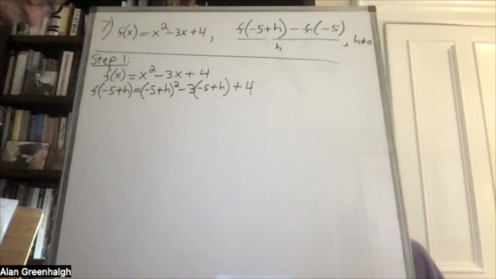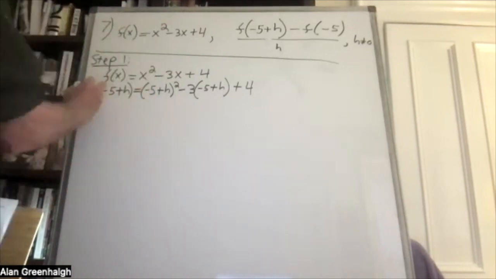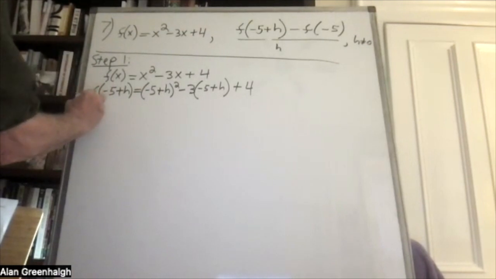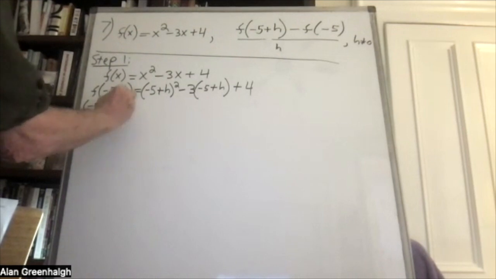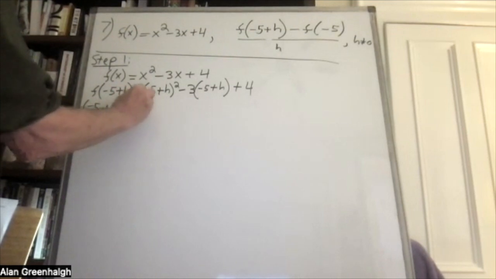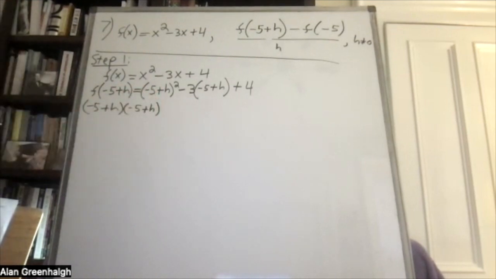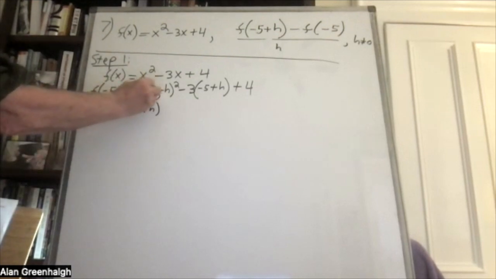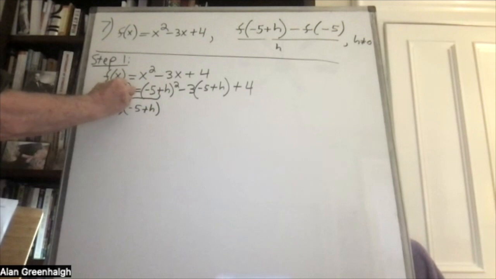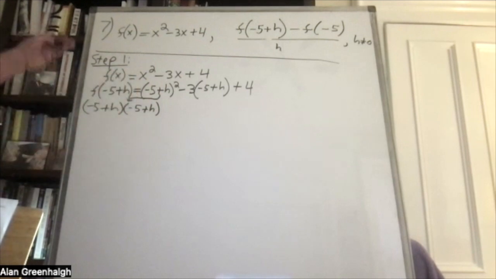So the first thing we need to do is take -5 plus h and multiply it by -5 plus h. This is still part of step 1.